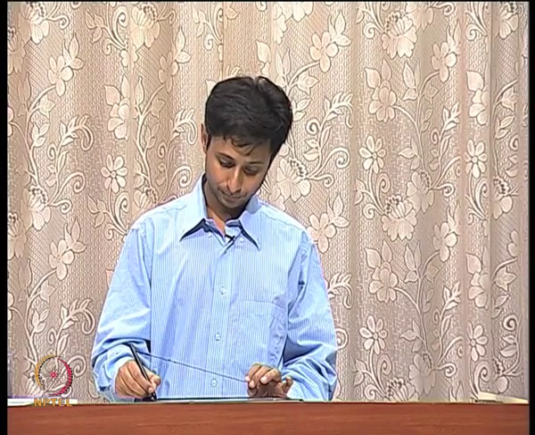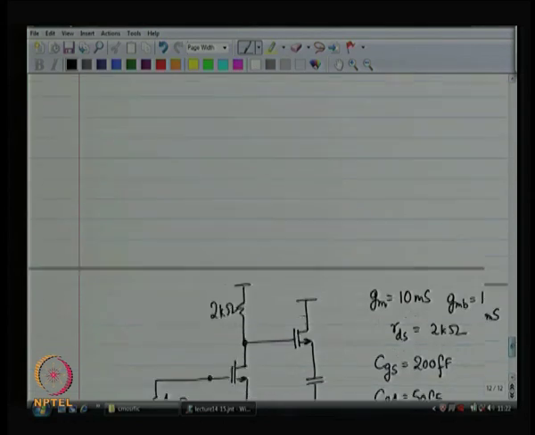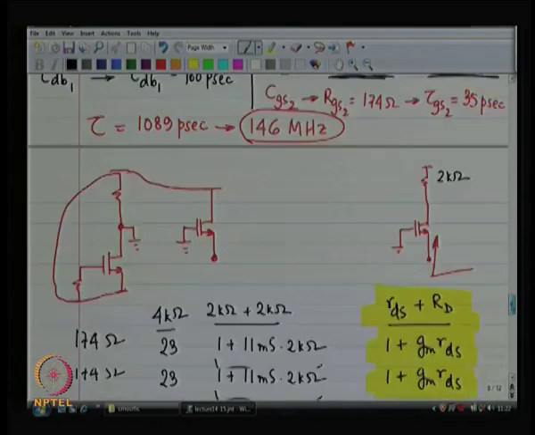So, what do we do? So, this was our first cut design, then we moved on to our second cut. Our second cut design had, right.